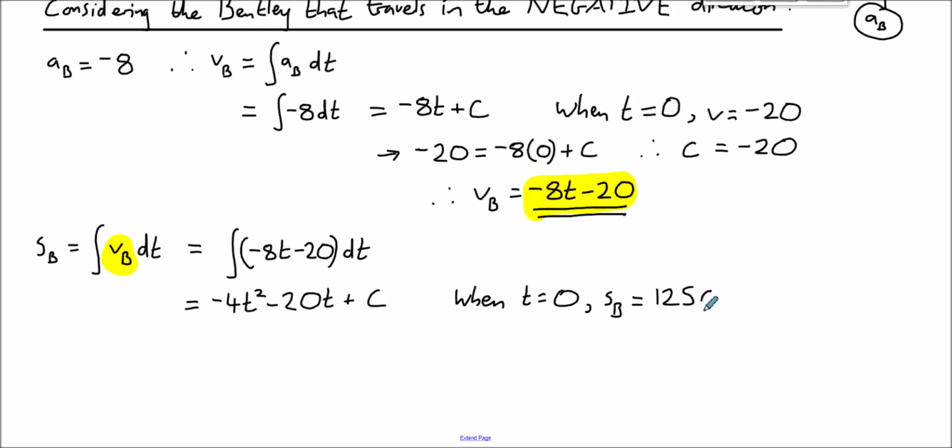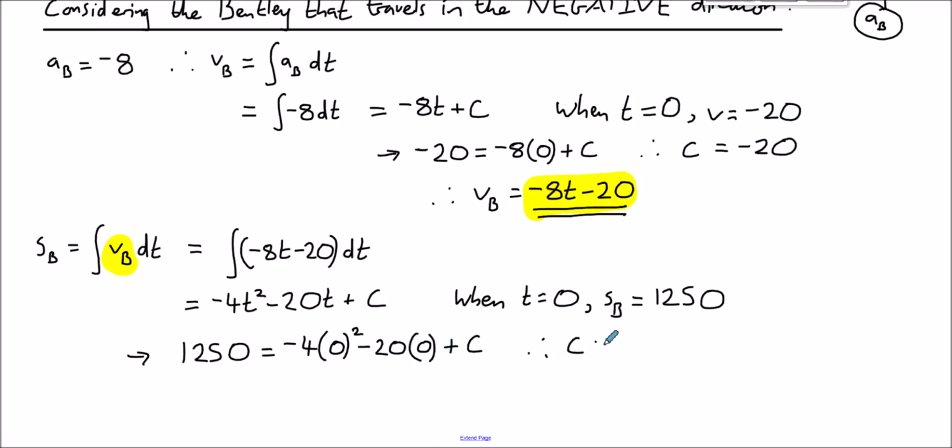So we can substitute in these conditions now. So S subscript B is 1250, which equals minus 4t squared, if time is 0, that's minus 4 times 0 squared, minus 20 times 0 plus c. So 1250 equals 0 minus 0 plus c.